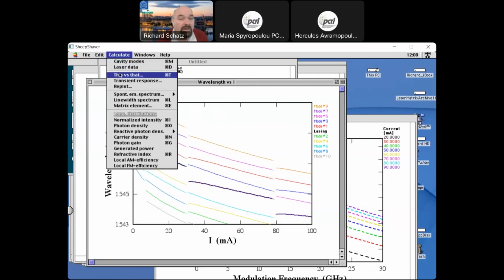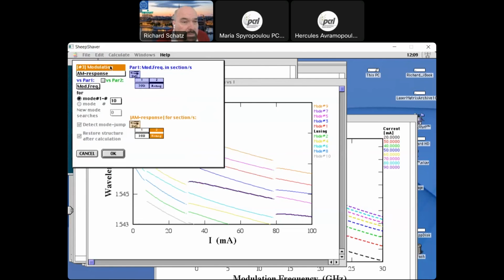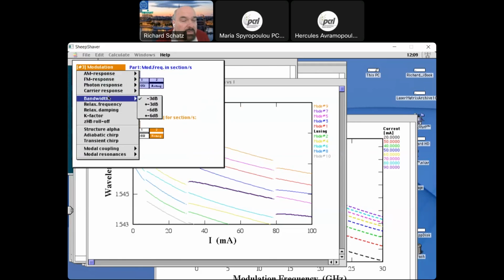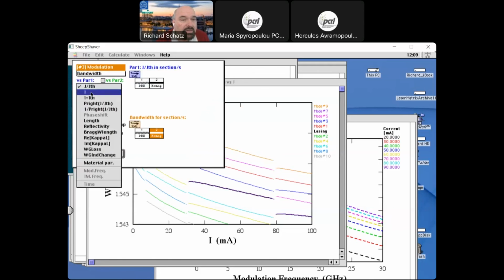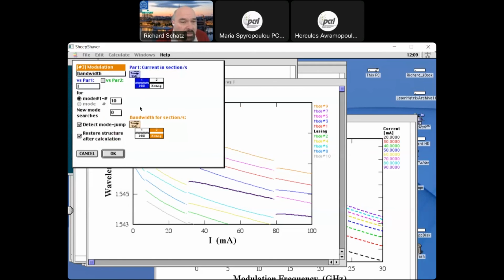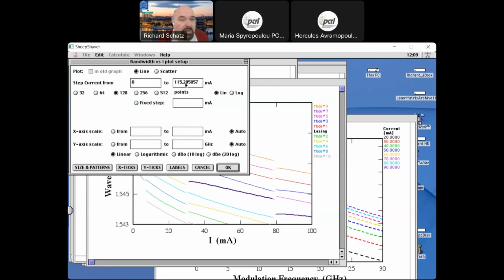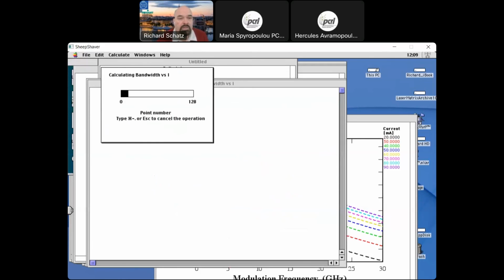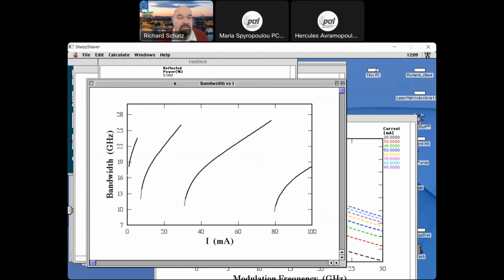So I plot the 3 dB bandwidth versus current in the passive section, and calculate. I go again to 100 milliamp. It will take a little bit of time since I have a multi-mode calculation. So now it calculates the bandwidth for each current in the passive section, at constant current in the active section.